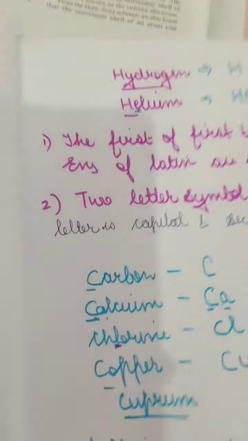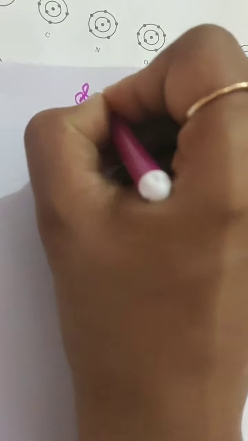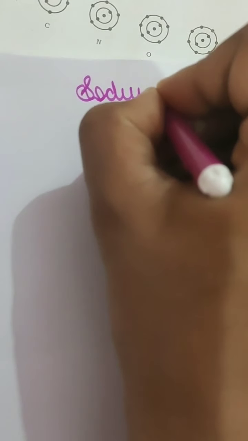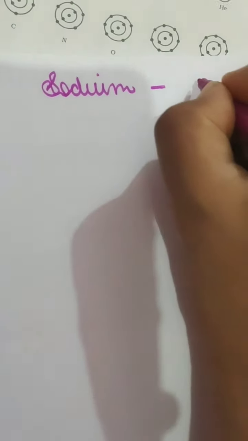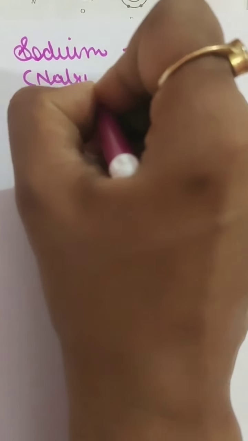So after this, there are a few more names, like sodium. Sodium is very commonly used. The symbol of sodium is Na. Why don't we use So or S? Because sodium was named natrium.